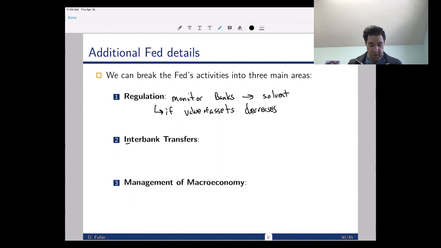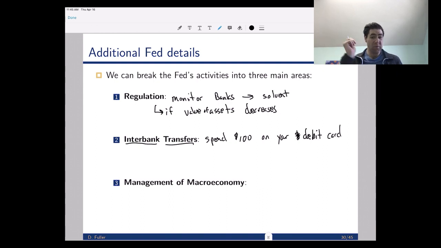Now, something that's overlooked, and it's not terribly exciting by any means, but it really is one of the most important things that the Federal Reserve Bank does, is to manage interbank transfers. Now, when you go to the store and spend $100 on your debit card, you swipe your card and all of a sudden magically you get to take the thing home and the merchant gets their money.